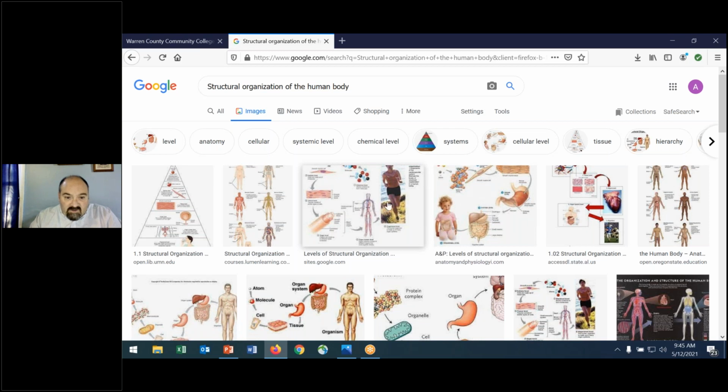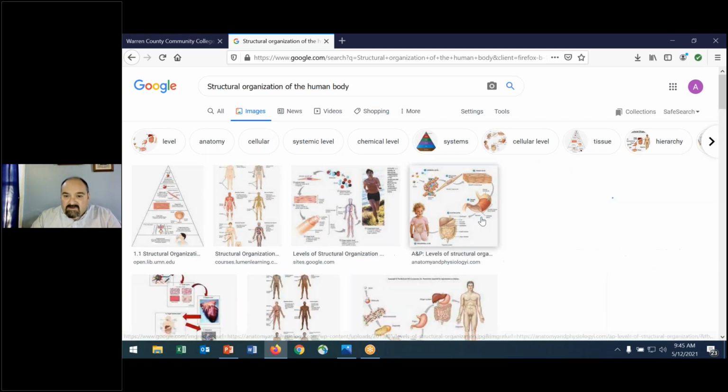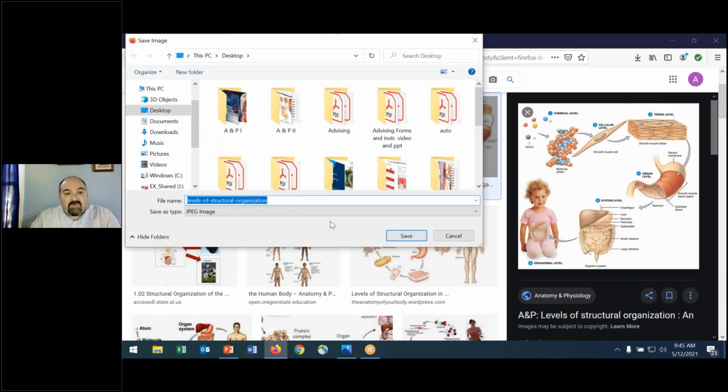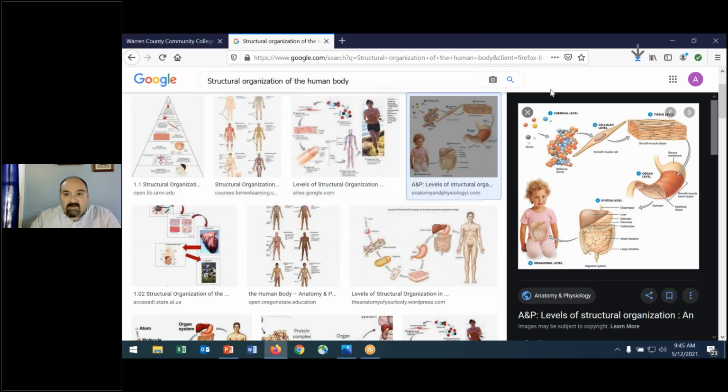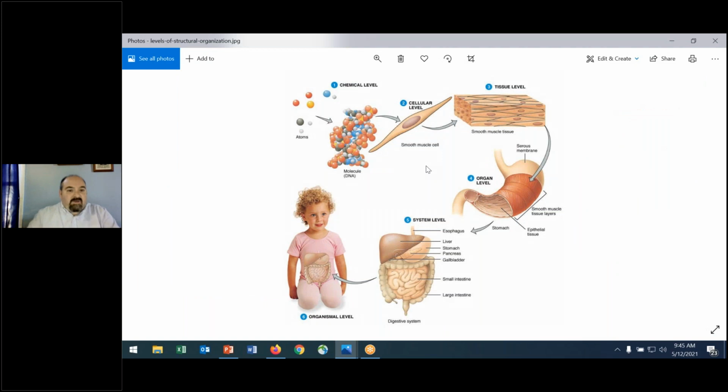If you recall, let's see, this is a good enough image to show the structural organization of the human body, the levels of organization.